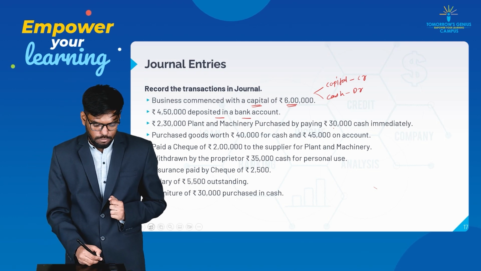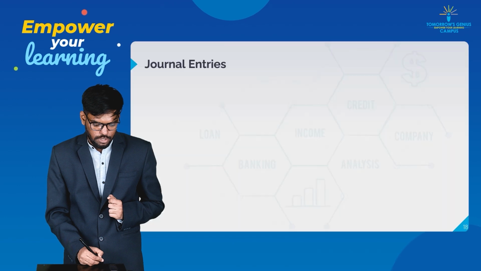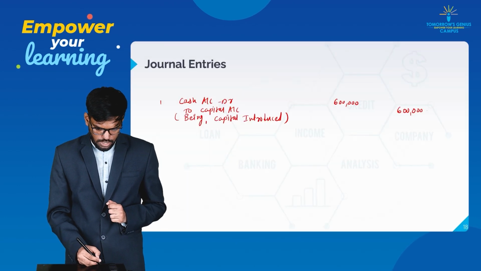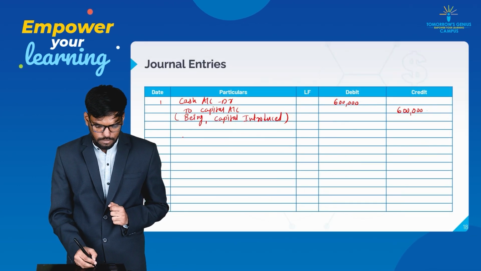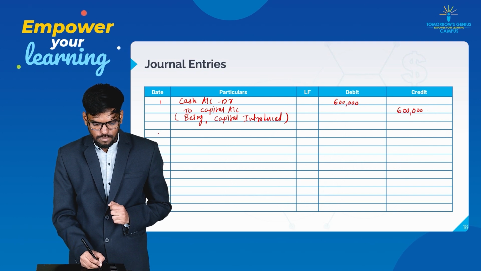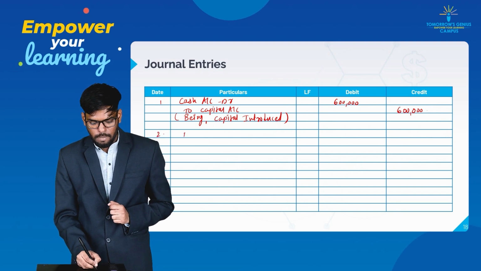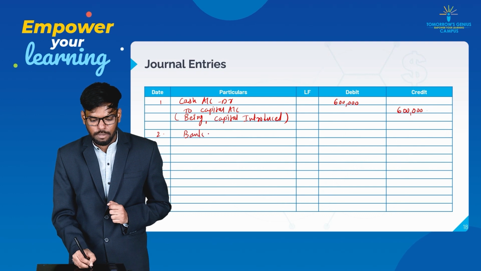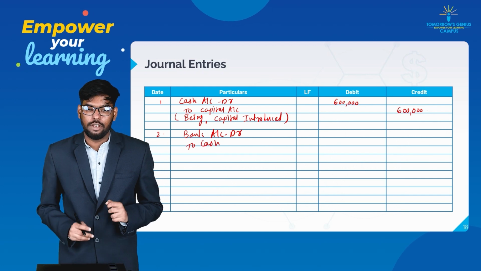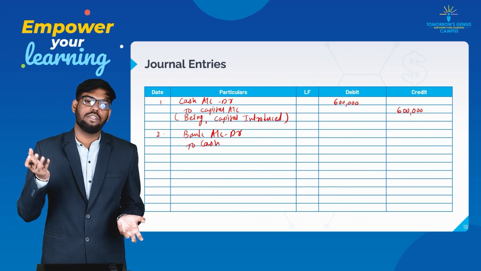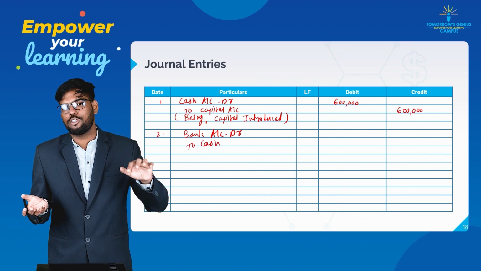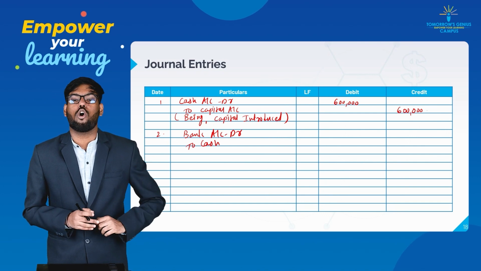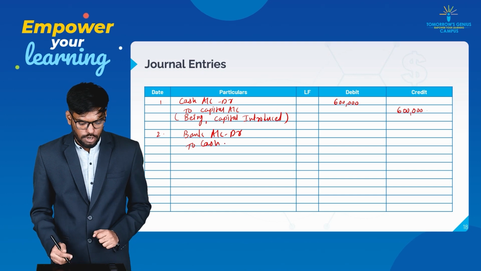So because of this transaction, which journal entry do we have to pass? The journal entry here will be: bank account we have to debit, and we have to credit cash. Whenever one amount increases in cash balance and one amount decreases or increases in a bank balance, it is known as contra entry. It is known as contra entry.